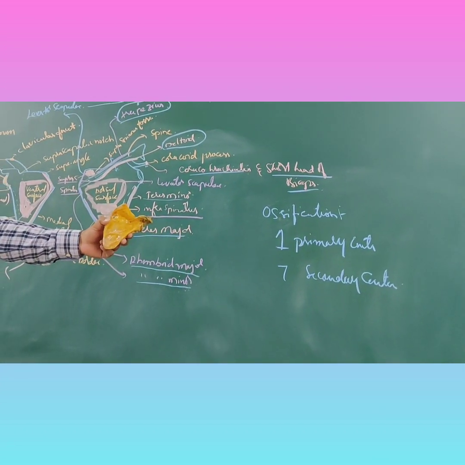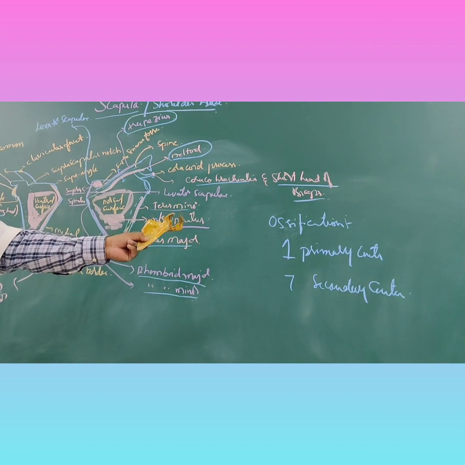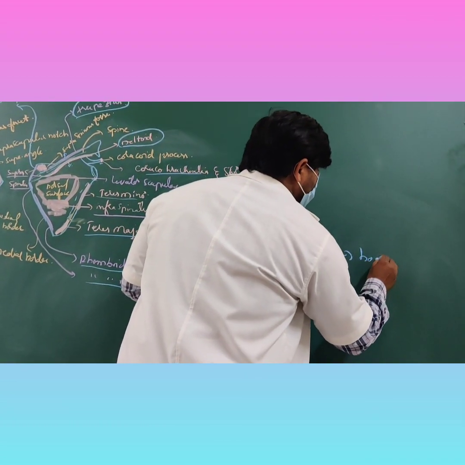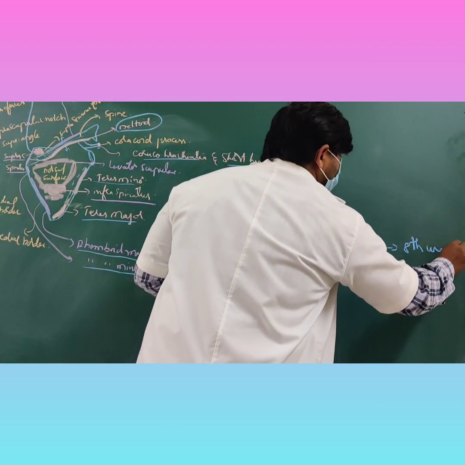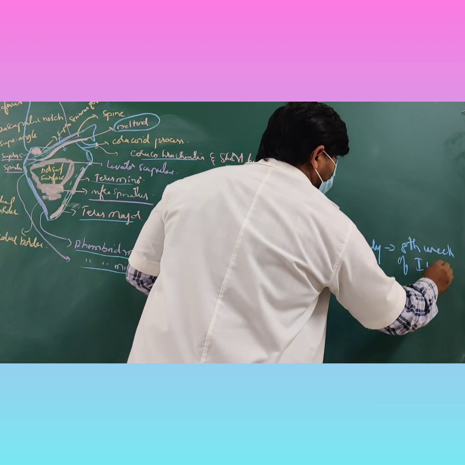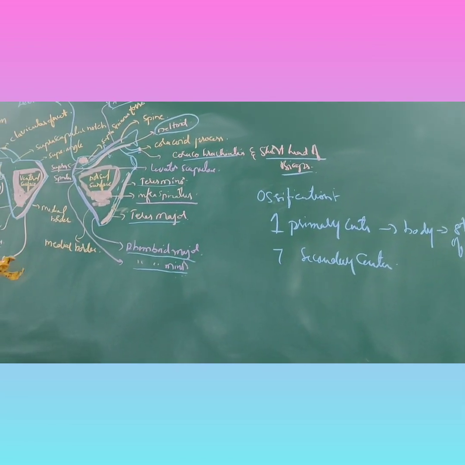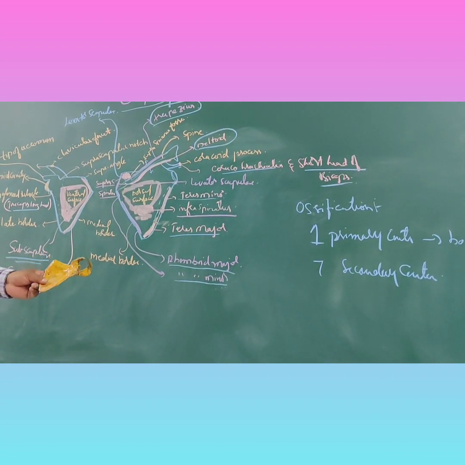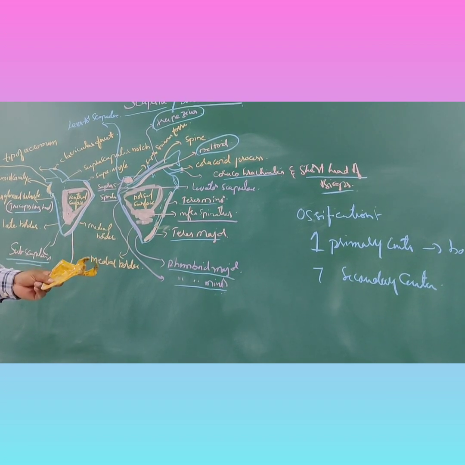It appears in the 8th week of intrauterine life, in the region of the body. Then we have the spine, the greater part of the coracoid process, and the remaining secondary centers.